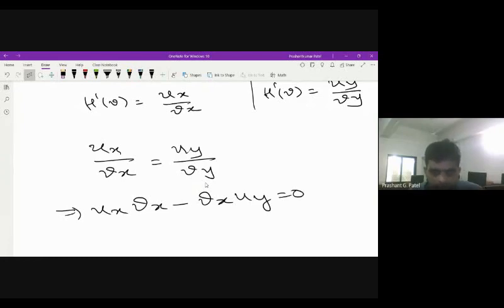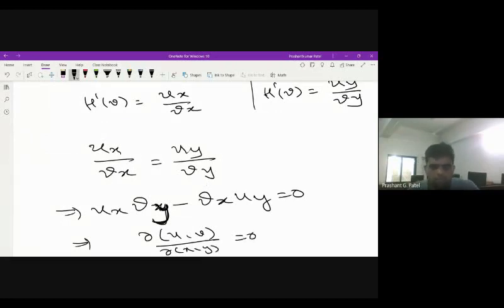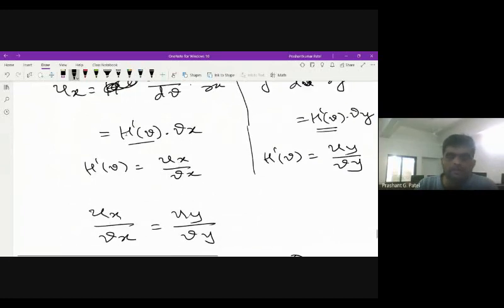So this is actually the Jacobian of (u,v) upon (x,y) equal to 0. So that is the first order PDE in the form of u. Okay, so this is the third type of example, which eliminates the arbitrary function h.